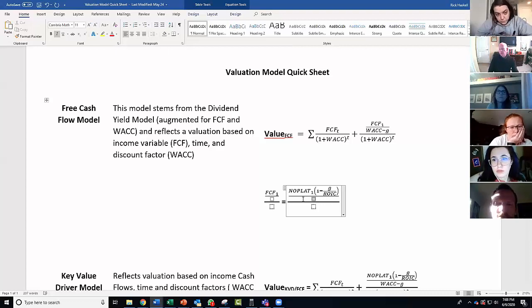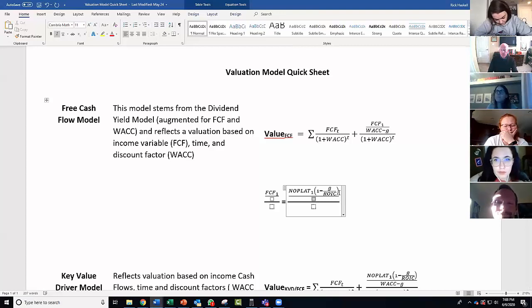And Michael Schwartz, do we think under some circumstances that free cash flow is equal to NOPLAT times 1 minus g divided by ROIC? Free cash flow is equal to NOPLAT times 1 minus g divided by ROIC. Do we believe that? Yes. Yeah, in fact, it's one of our knowns in the quick sheets, right?